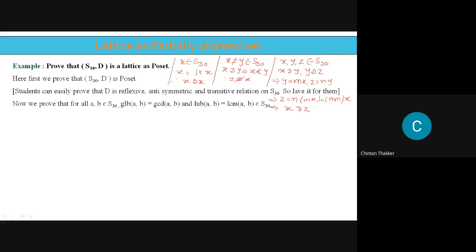Now to prove this, we make a table. Here S30 has the elements 1, 2, 3, 5, 6, 10, 15 and 30.